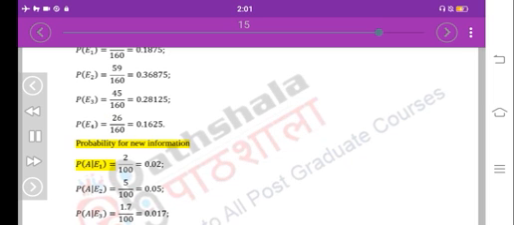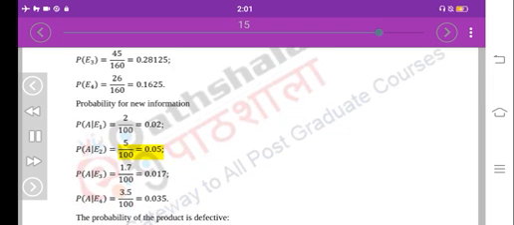Probability for new information: P(A|E1) equals 2/100 equals 0.02. P(A|E2) equals 5/100 equals 0.05. P(A|E3) equals 1.7/100 equals 0.017. P(A|E4) equals 3.5/100 equals 0.035.